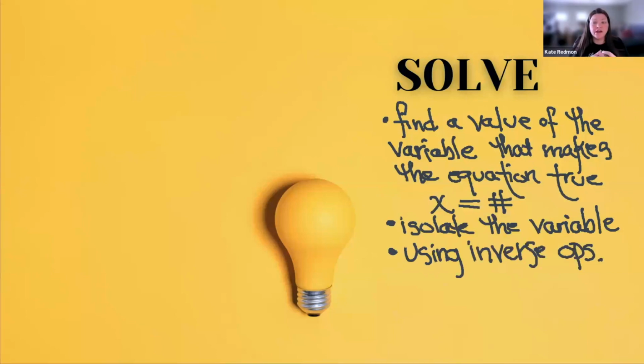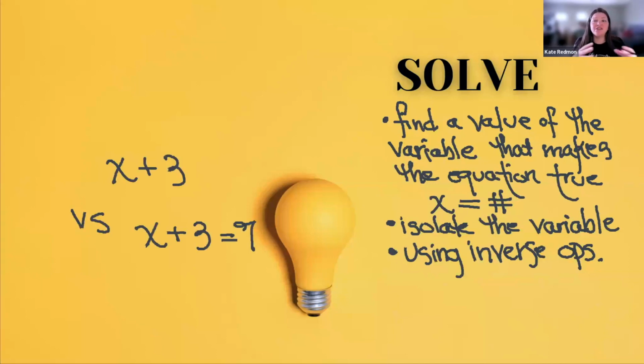One other thing that I will remind you of, that we really stressed last class, is that we can solve equations. Here's a great example. One of these can be solved and the other one cannot. The first thing, x plus 3, is simply an expression. There is no information about x plus 3. I don't have any hints about x plus 3. There's no way to figure out what x is.